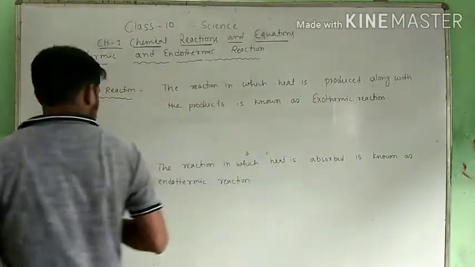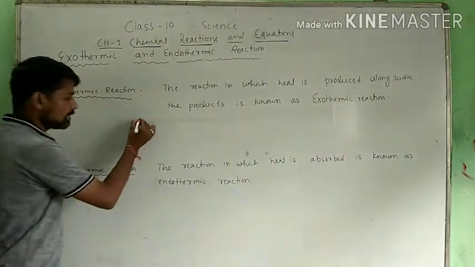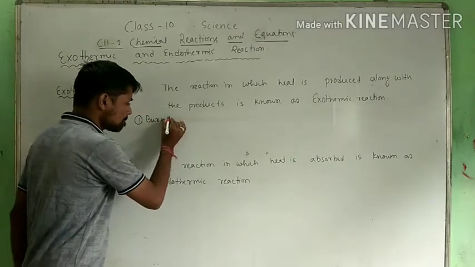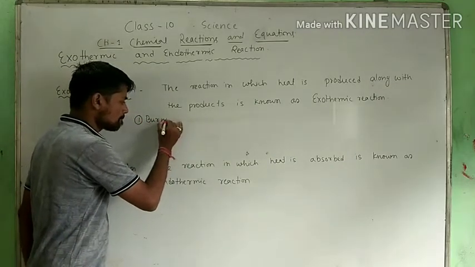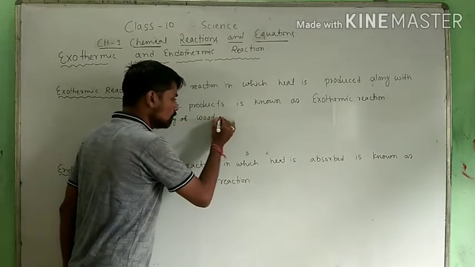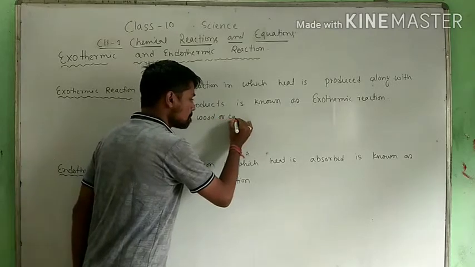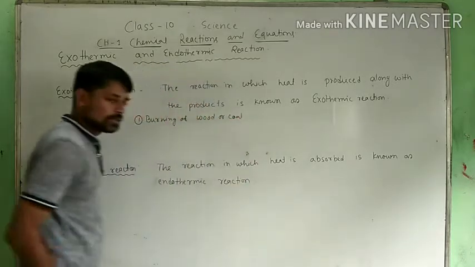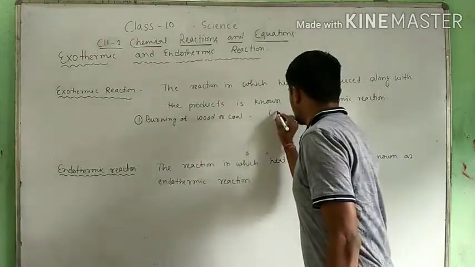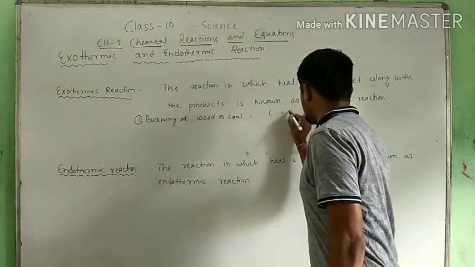So the first example is burning of wood or coal. The reaction is carbon plus oxygen.